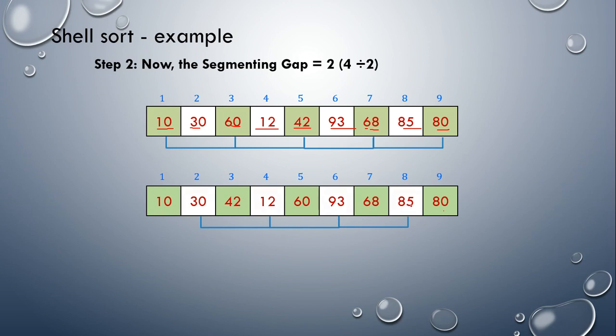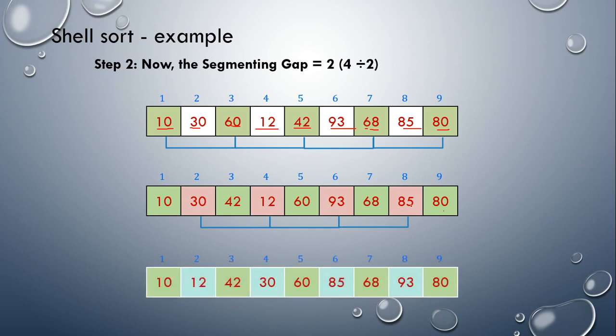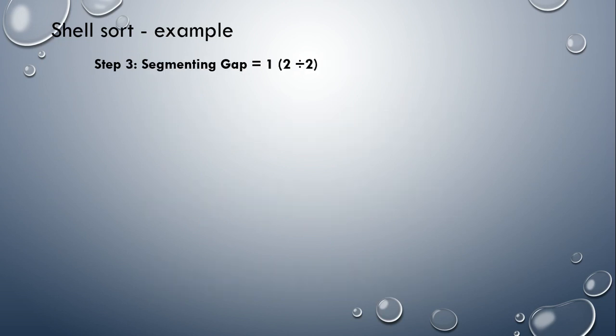Among that 12 comes at position 2, then 30, then 93 and 85. Here 85 is smaller than 93, so 85 comes at index 6.